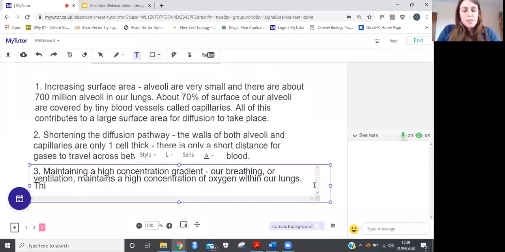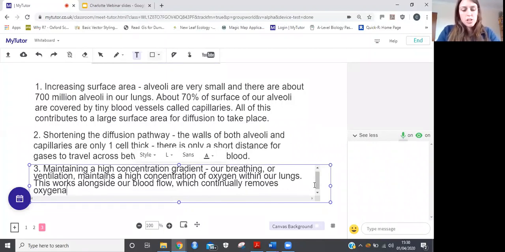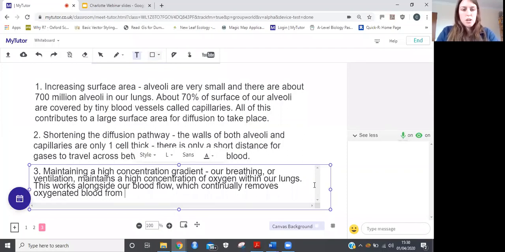So this works alongside our blood flow, which continually removes oxygenated blood from around the alveoli and replaces it with deoxygenated blood.